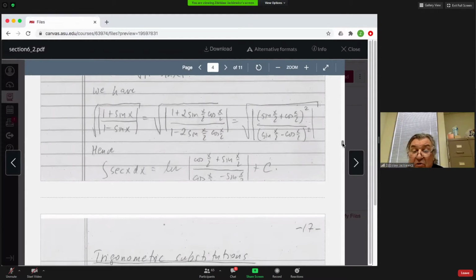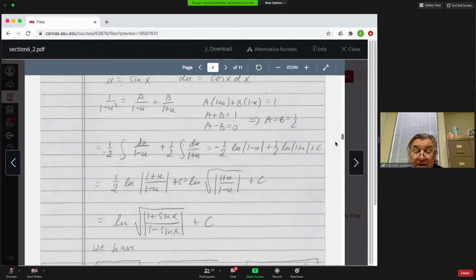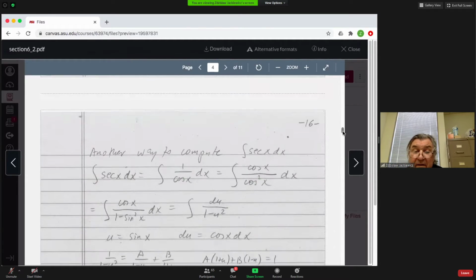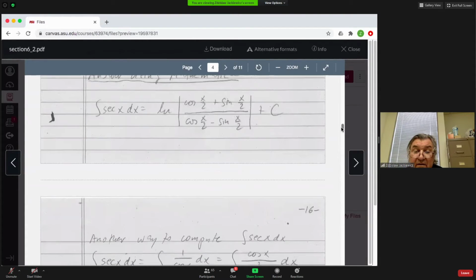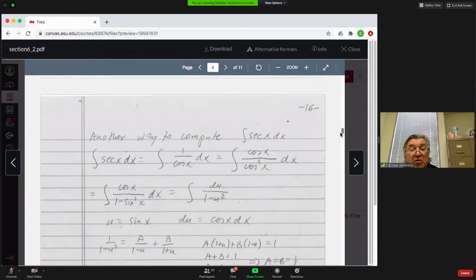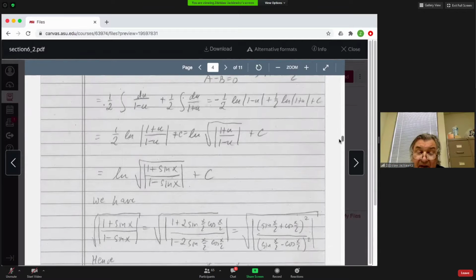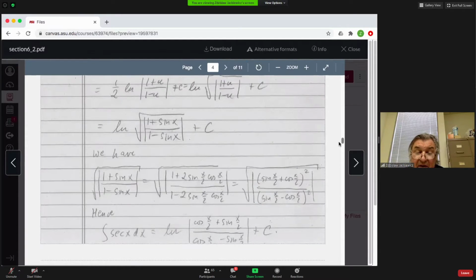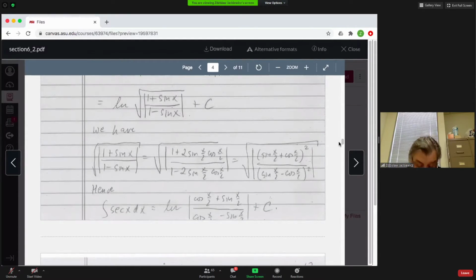So we showed that this formula for the integral of secant is equivalent to this answer we got from Mathematica. We just added absolute value, of course, but that's the thing. So again, if you want to show that those other things are equivalent, you just have to use some other trigonometric identities and so on.